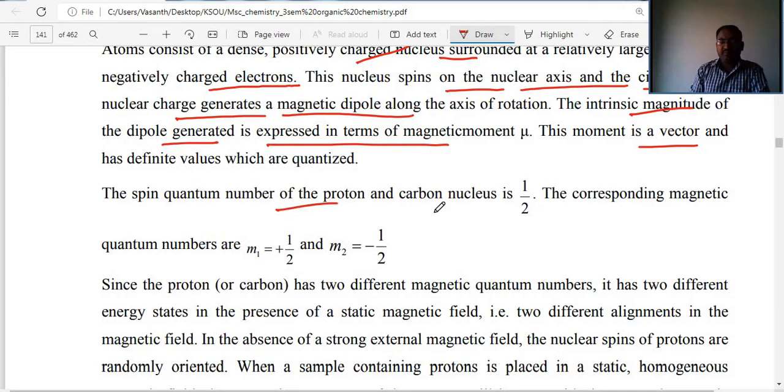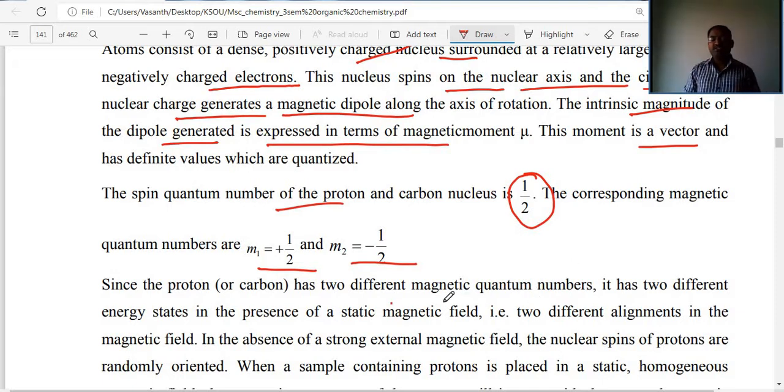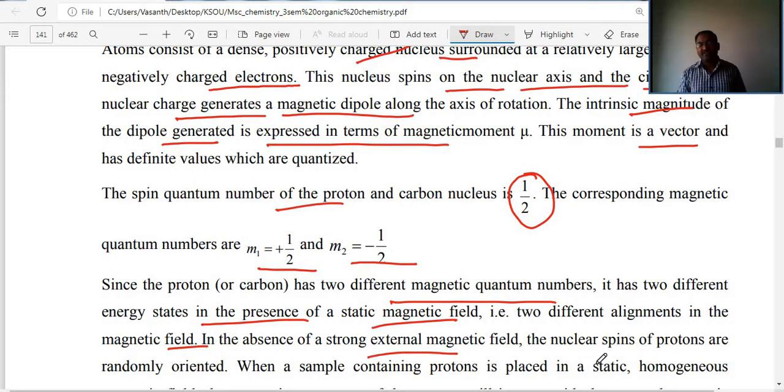The spin quantum number of the proton and carbon nucleus is 1/2. The corresponding magnetic quantum numbers are plus 1/2 and minus 1/2. Since the proton has two different magnetic quantum numbers, it has two different energy levels in the presence of a static magnetic field, two different alignments in the magnetic field. In the absence of a strong external magnetic field, the nuclear spins of protons are randomly oriented.